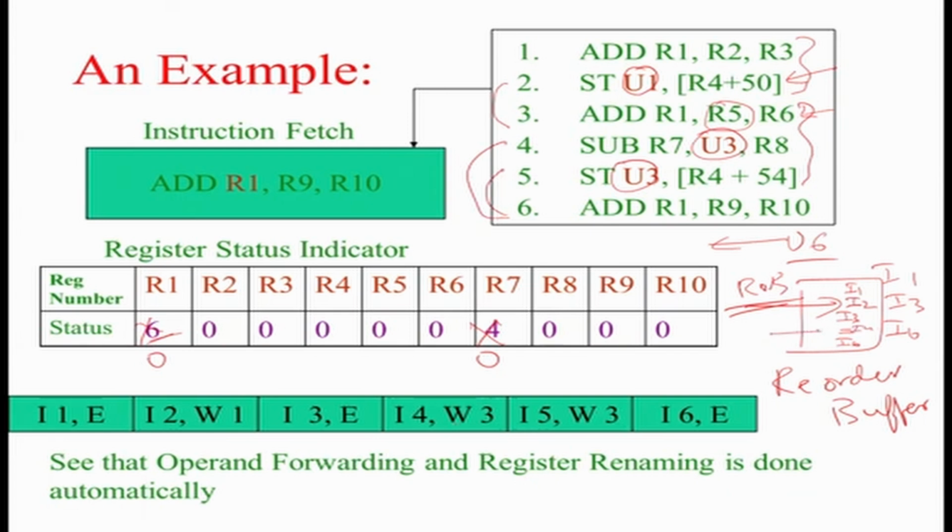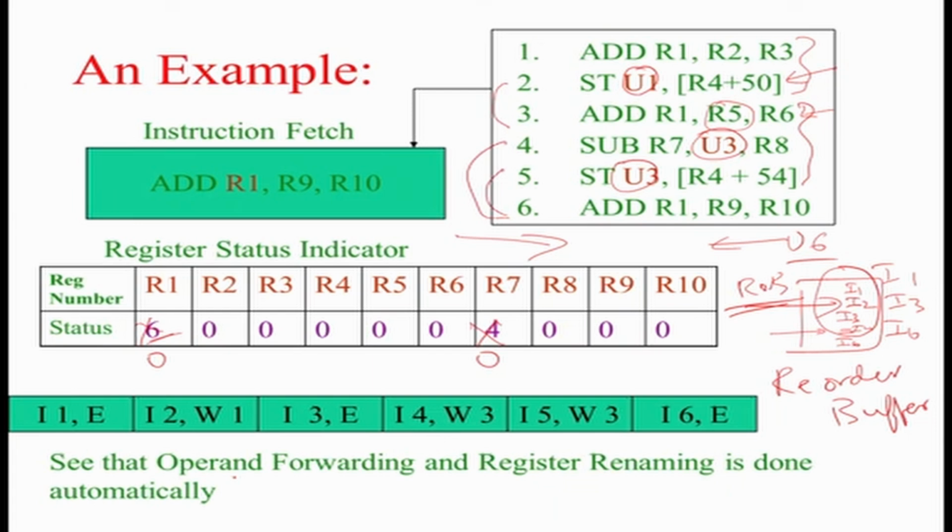So the moment I finish, I go and commit all the instructions above it in one shot, okay. So that is the reorder buffer, because at the end, after 6, when I am viewing the result of R1, it should be the answer got by 6. I am taking care of all the execution within the microarchitecture, but when I am writing to the register file, I should have the latest value there, right.